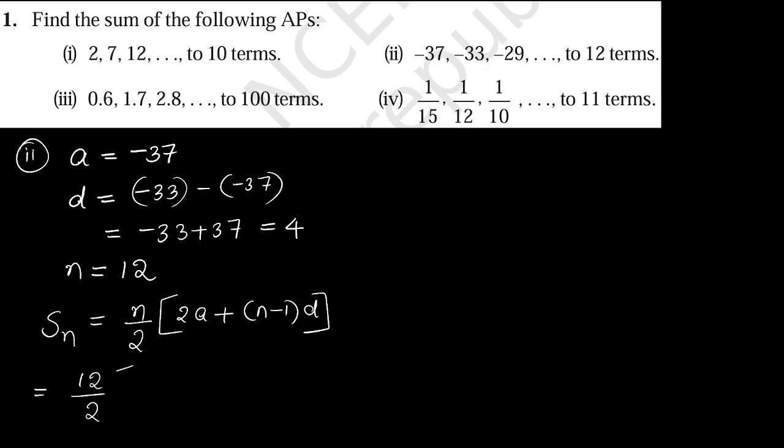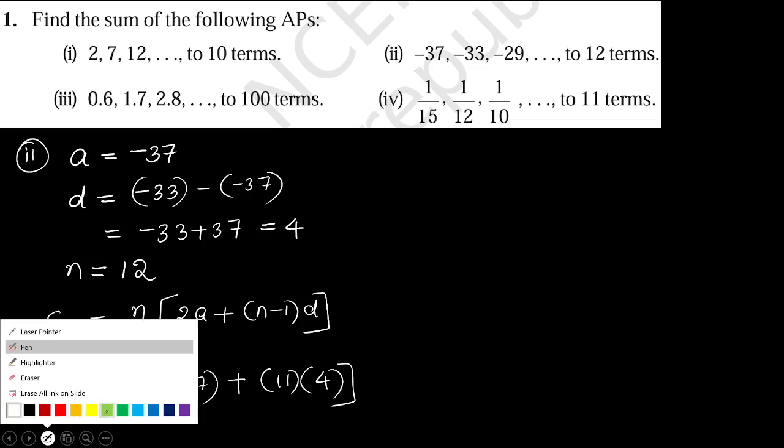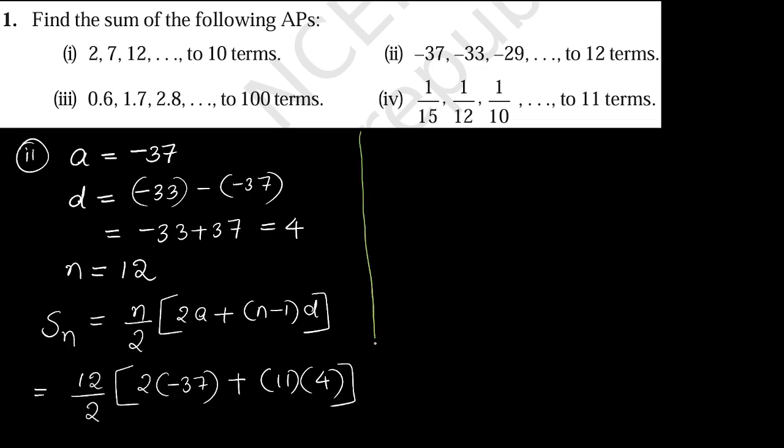n is 12. 2 into minus 37. n is 12. 12 minus 1 will be 11. Common difference is 4. Don't make any mistake. You must be careful.